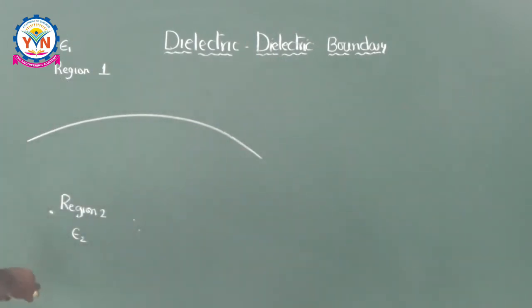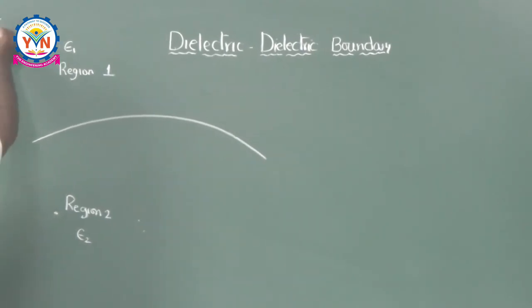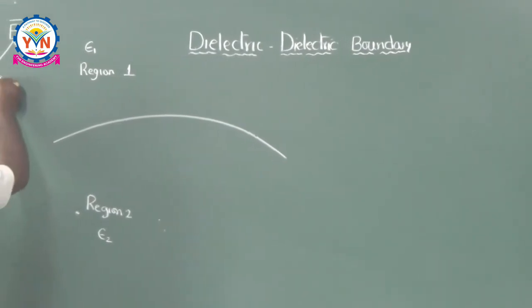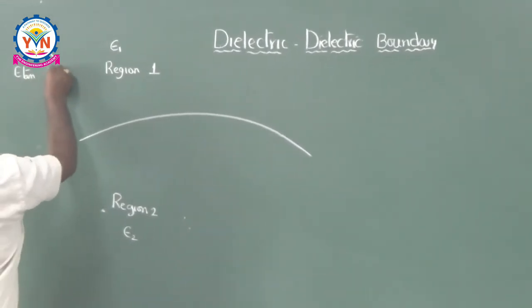Now for these boundary conditions, we have to discuss two things: one is electric field intensity and the other is flux density D bar. If you take E bar, you have to discuss two things: one is the tangential component and the other is the normal component.